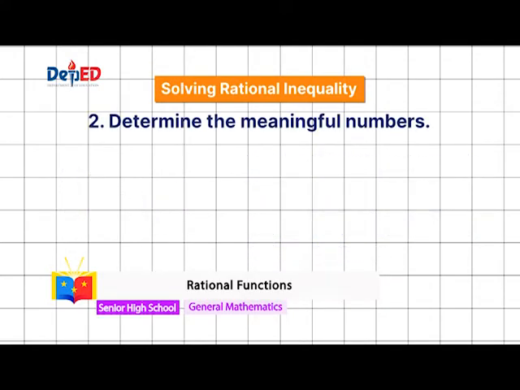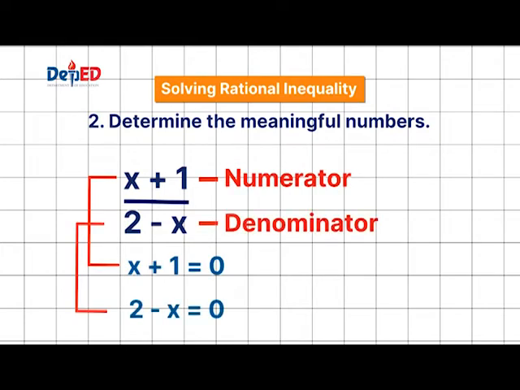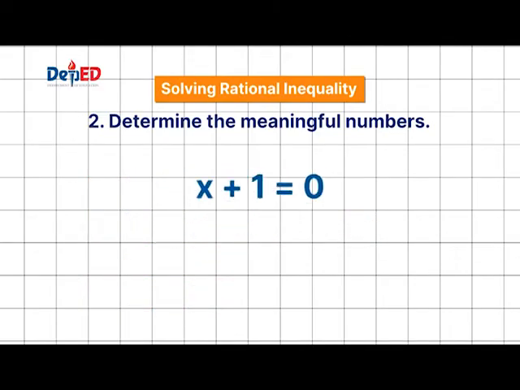The second step is to determine the meaningful numbers. We do this by setting the numerator of the rational expression equal to 0 as well as its denominator. Let us start with the numerator. x + 1 = 0.